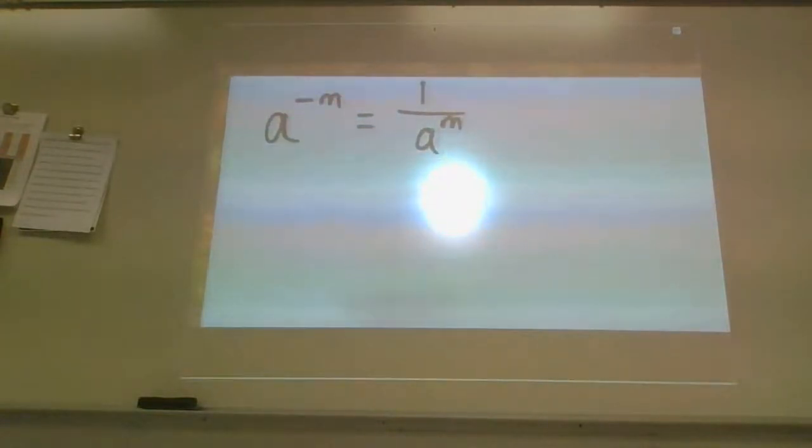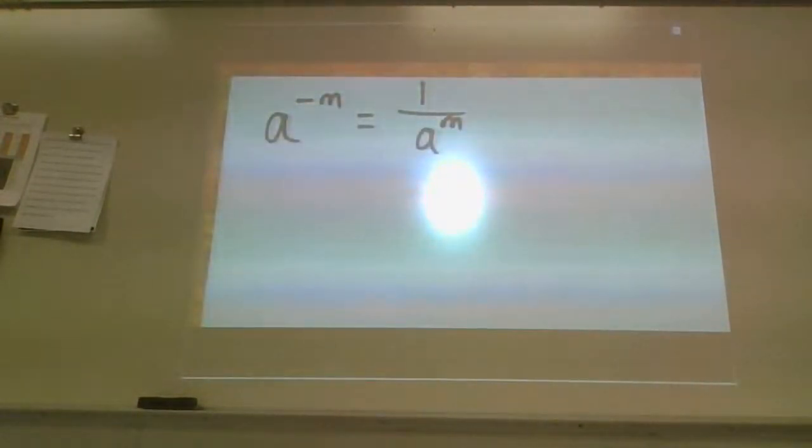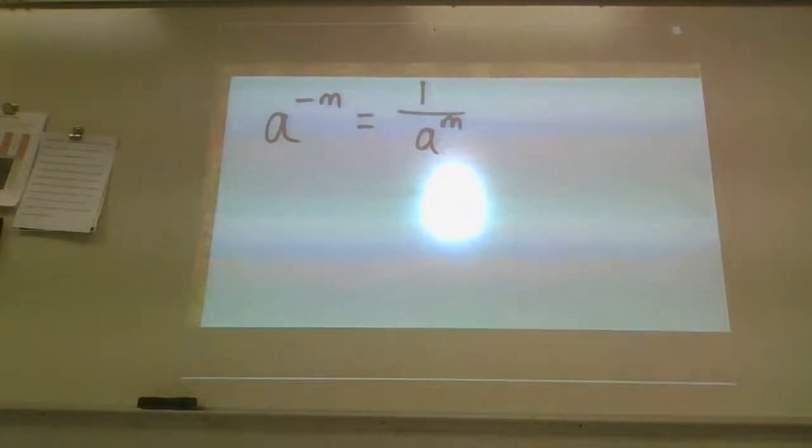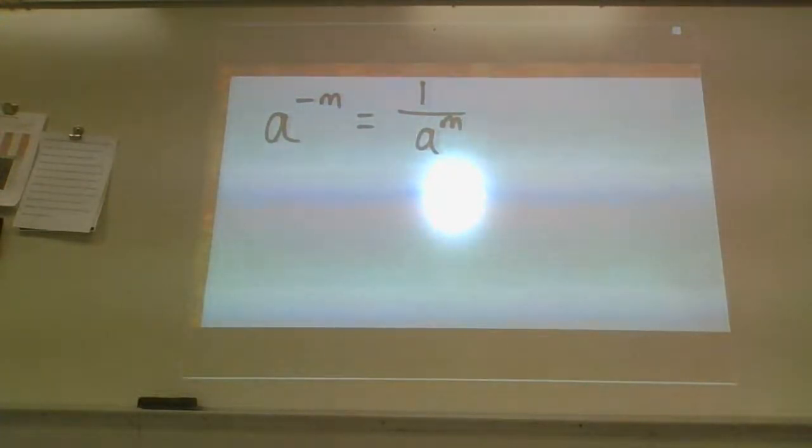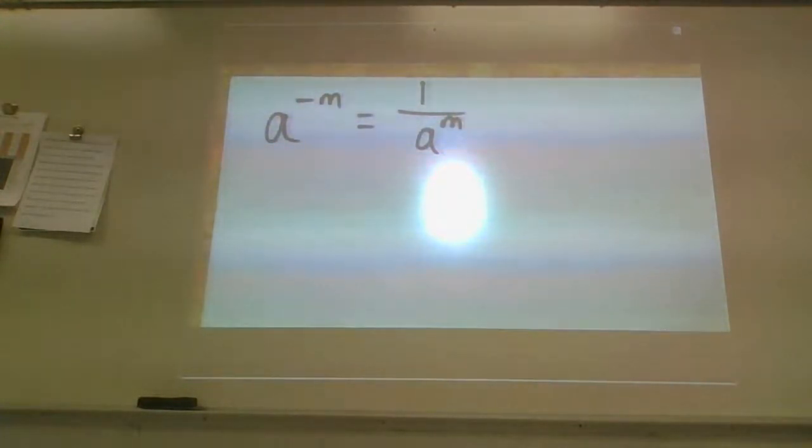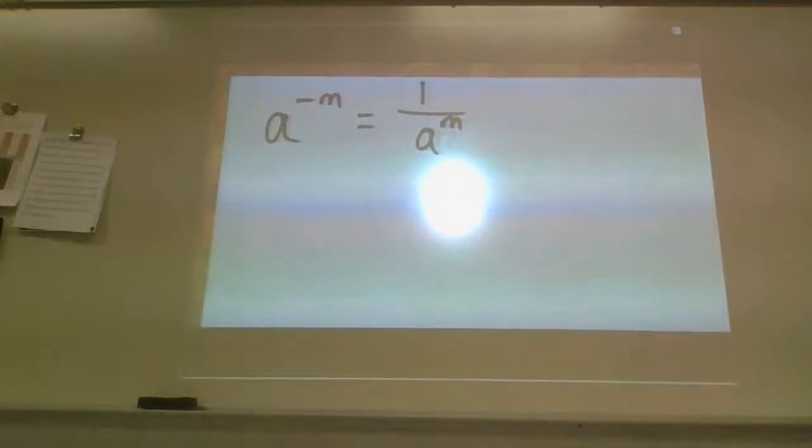A negative exponent, as we've talked about in the past, means that you have to recognize the word reciprocal. A reciprocal is going to take place. Whenever you have a negative exponent, you can take the reciprocal of the base and the exponent would turn positive.